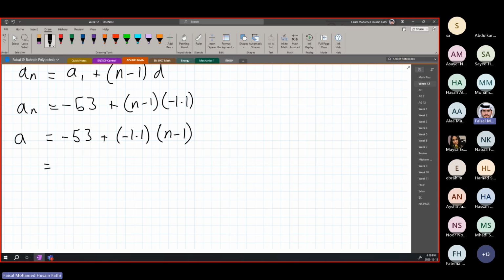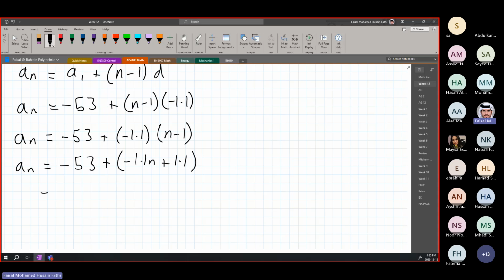So this is equal to minus 53 plus, what's minus 1.1 times N? Minus and plus, so this is minus 1.1N. All right? Minus 1.1 times minus 1. Minus and minus becomes plus. 1.1 times 1 is 1.1. Done.